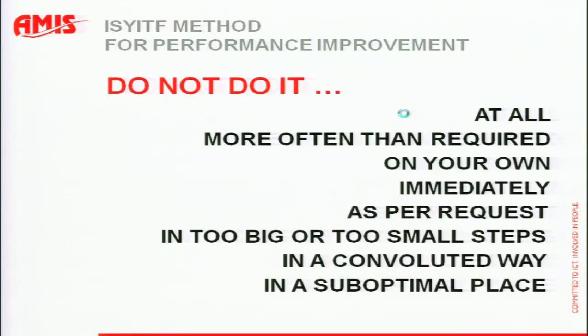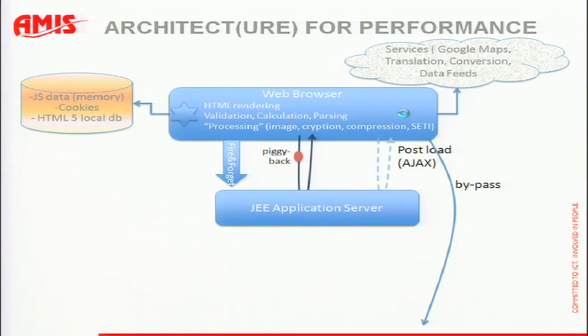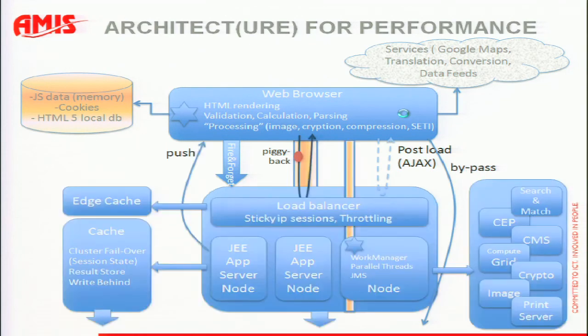So there's the entire list. Don't do it if you have to. Don't do it under these other circumstances. When you architect for performance and you take this list into consideration, there's a number of features that you may want to at least think about applying to your application, to your architecture. It's far too hard to read in the back, so if you're interested, please take a look at the slides.